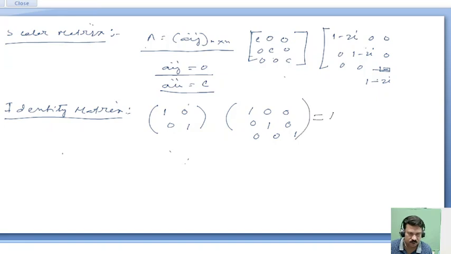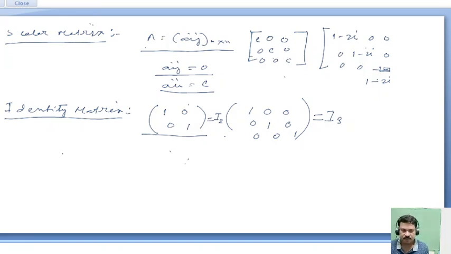This is noted as I suffix 3 and this is I suffix 2, and so on. We note that this is a scalar matrix and obviously this is a square matrix.